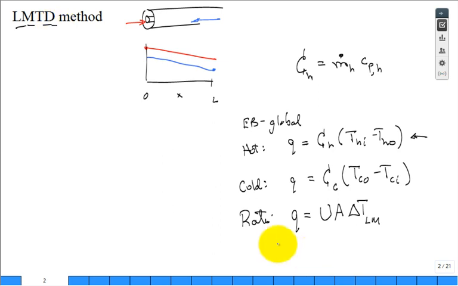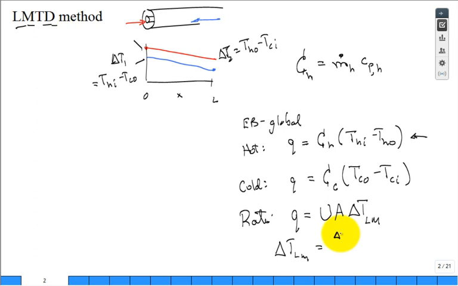Look at the definition of it, right? How is delta T log mean defined? Well, they take the temperature difference on this end, call that delta T1. What is delta T1? The temperature hot in minus temperature cold out. And they take the temperature difference on this end, temperature hot out minus temperature cold in. And they use those delta T1, delta T2 to compute delta T1 minus delta T2 divided by the natural log of delta T1 divided by delta T2.